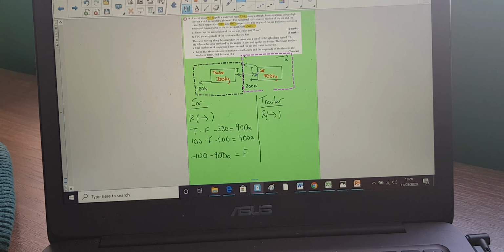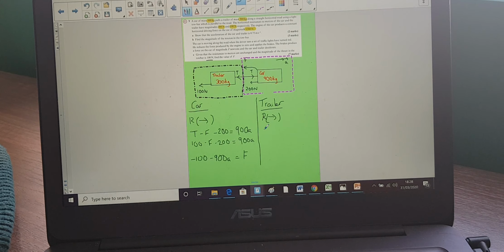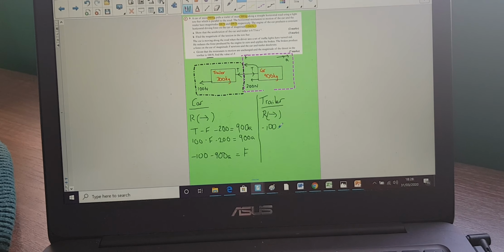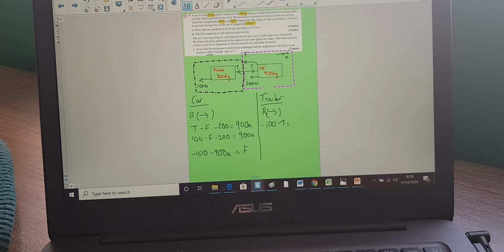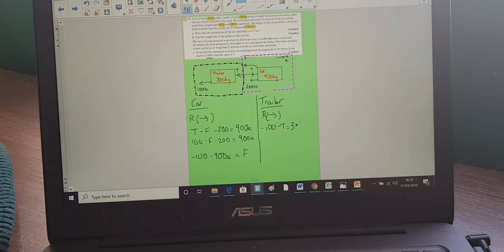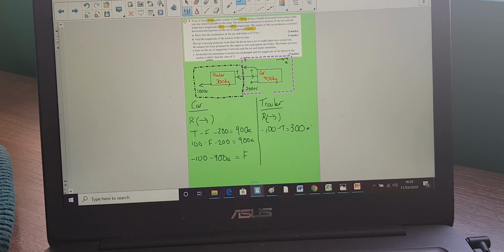It's just acting in this direction. So I'm going to call that minus 100. Minus 100. Take away T is equal to the mass of it, which is 300, times the acceleration.